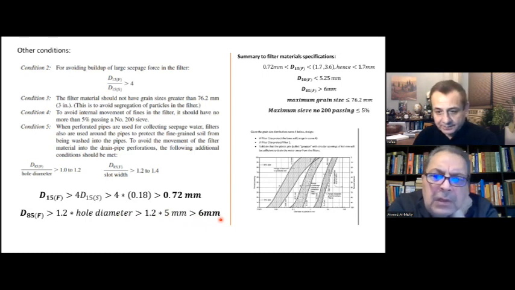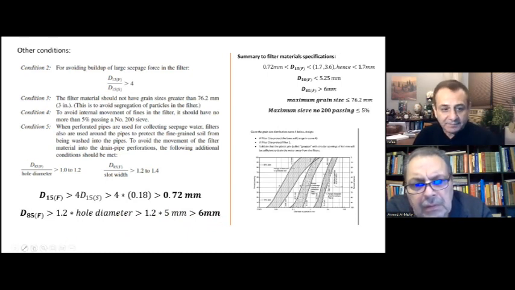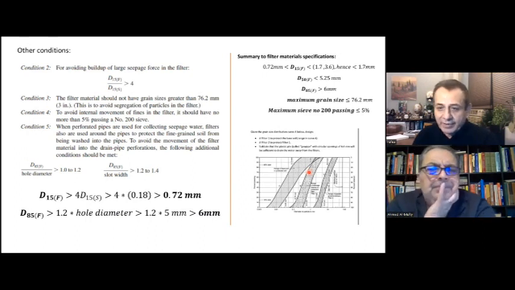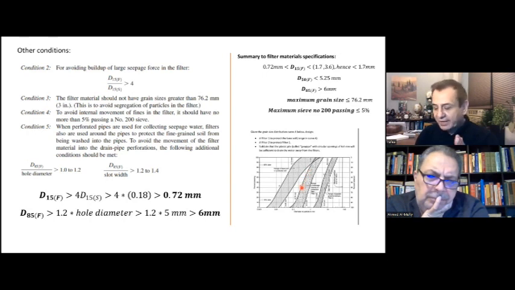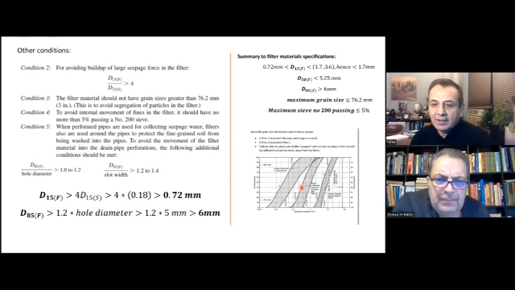Okay. So can you explain why you have three ranges here? For D15? No, I see three dotted ranges. Oh, okay. This shows that you can create a margin or an envelope for accepting the filter material. So which one of these is going to be true for me?